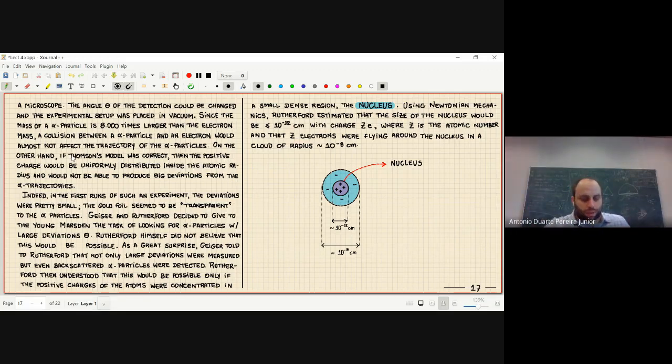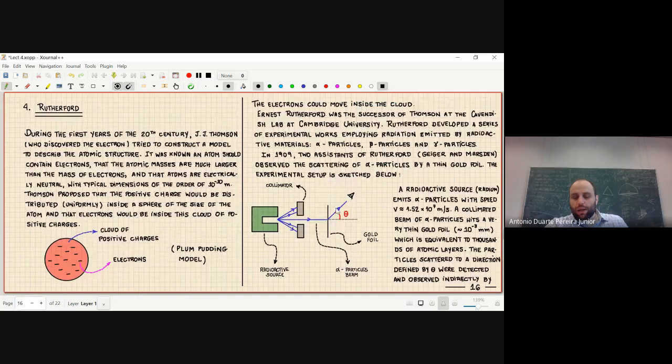So what Rutherford expected was essentially to see just very, very tiny values for this angle theta.